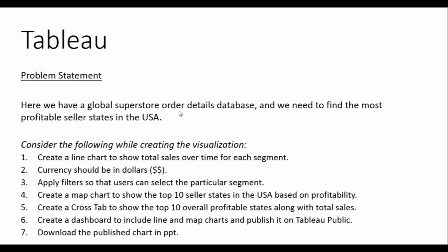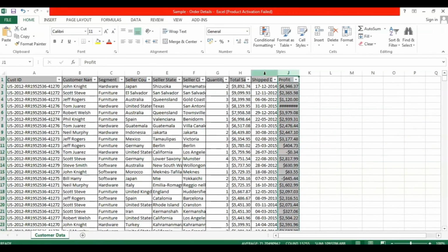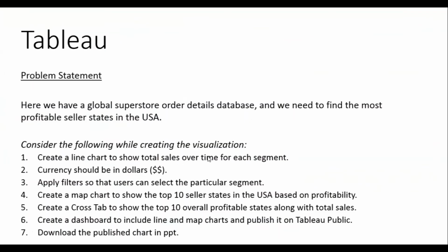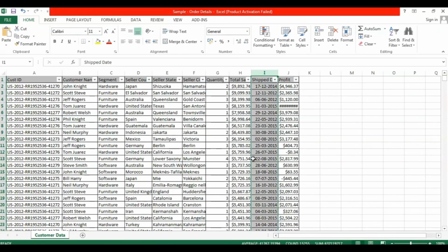It means over time, so we need ship date, and we need a line chart to show total sales over time for each segment.